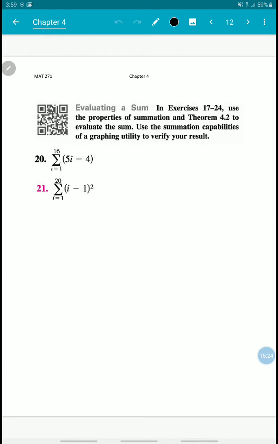So let's go back to a previous page and let's look at how we would expand these. If we look at this one, we can split that sum up and look at it this way.